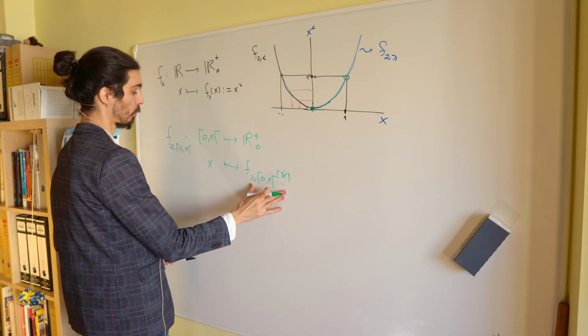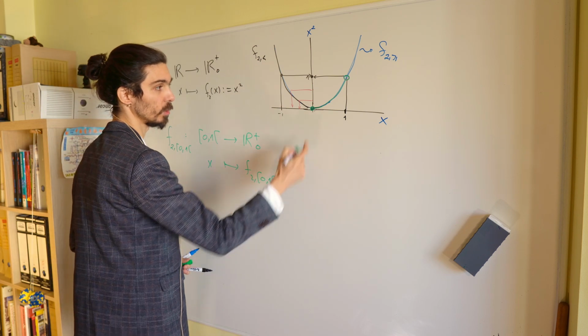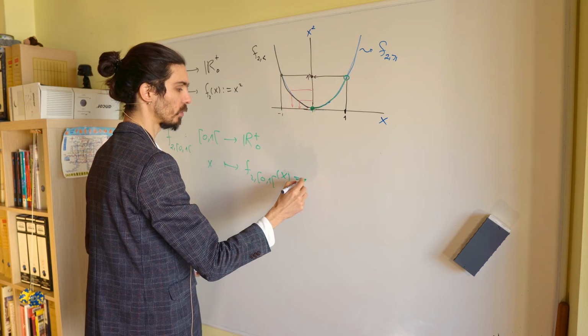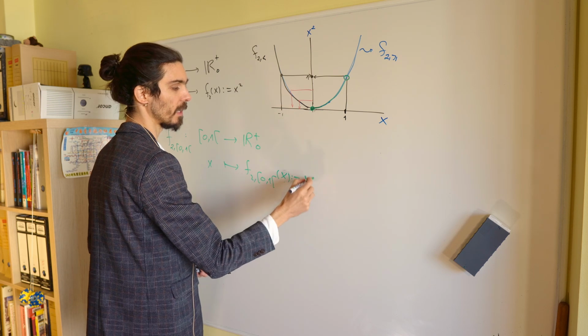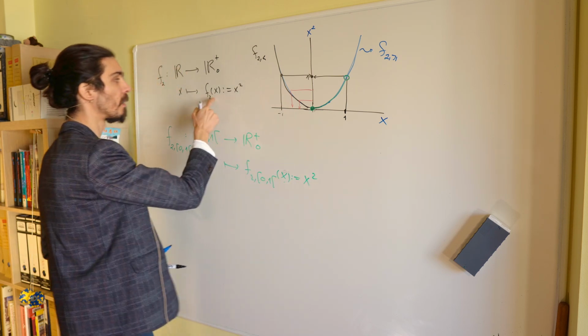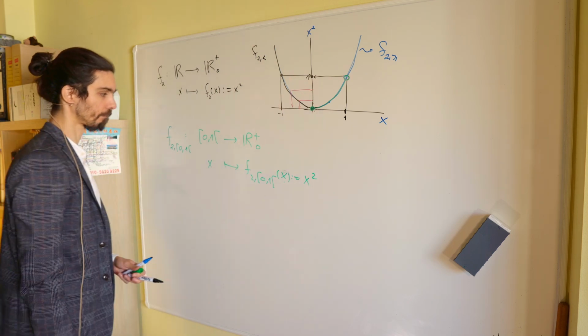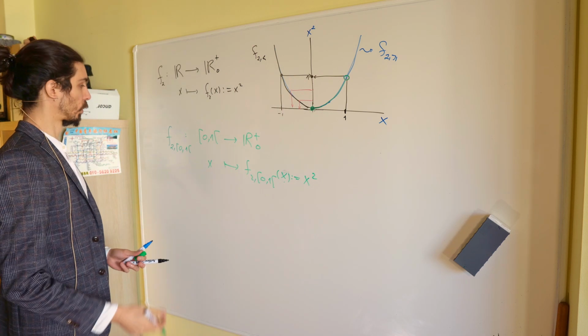And that number, of course, agrees with the original function, as you can see from the graphic. The green and the blue one are superimposed. So this must be defined as x squared, the same number that f2 of x will take in this interval. So far, so good.